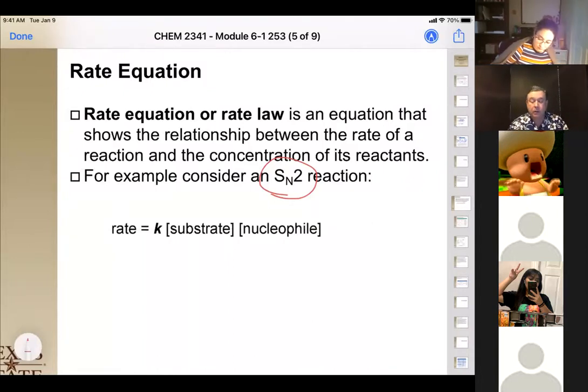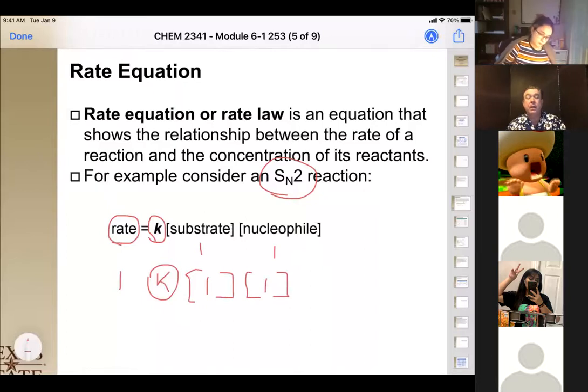So our rate law, or what we call it, our rate law, is the rate is equal to some constant for that specific reaction times the concentration of the two substrates, which means your rate can be 1 if your rate constant is constant and your concentration of 1 is 1 right here, okay?